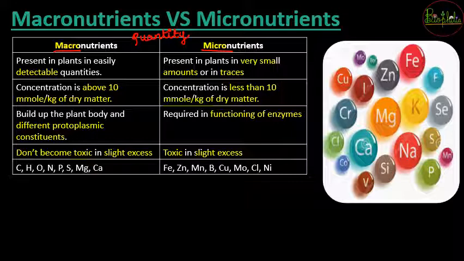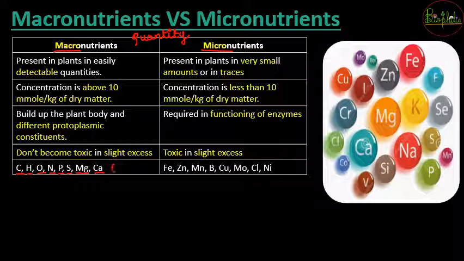Now here you should remember which element is going to be a macronutrient and which is going to be a micronutrient. For that you need to remember the examples. Examples of macronutrients are carbon, hydrogen, oxygen, nitrogen, phosphorus, sulfur, magnesium and calcium.